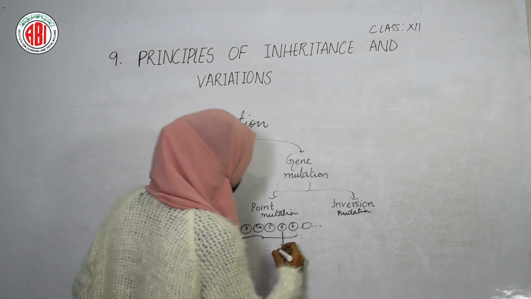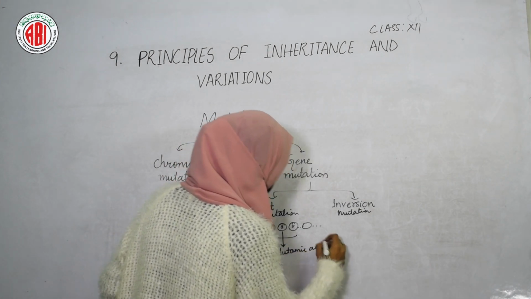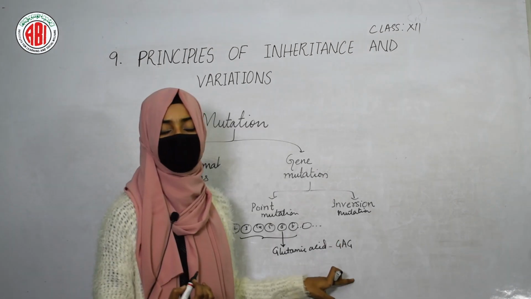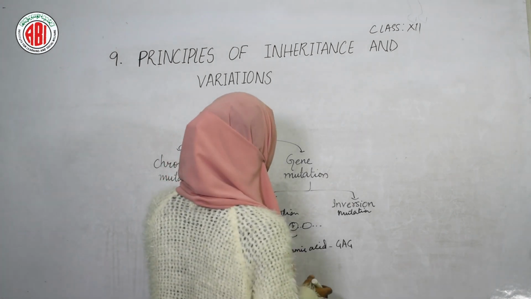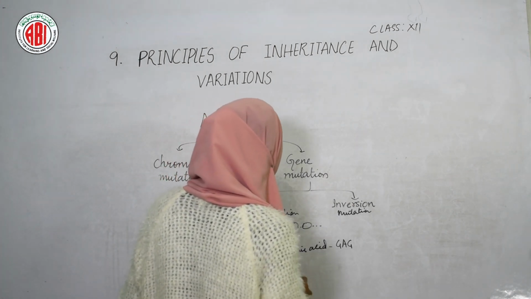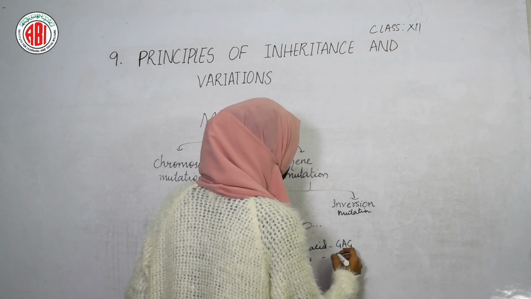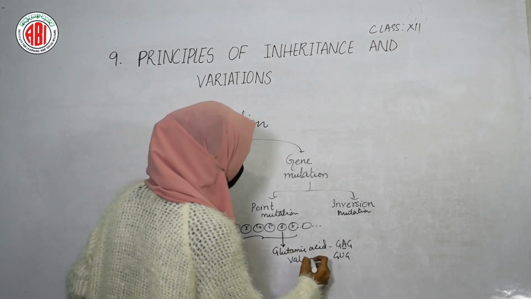This sixth amino acid is glutamic acid, and the gene code for this glutamic acid is GAG. If one of the nitrogen bases gets changed, then the structure of the amino acid also changes and it becomes another amino acid, that is valine. If A becomes U, then GUG is a code that codes for the valine amino acid.